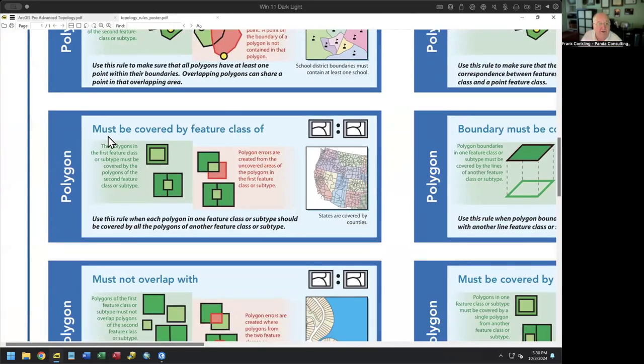So the next rule is must be covered by the feature class of. This is between layers, polygon to polygon, and says identify where we've got polygons that aren't covered by polygons in a different feature class. They should be covered by all the polygons in another feature class.